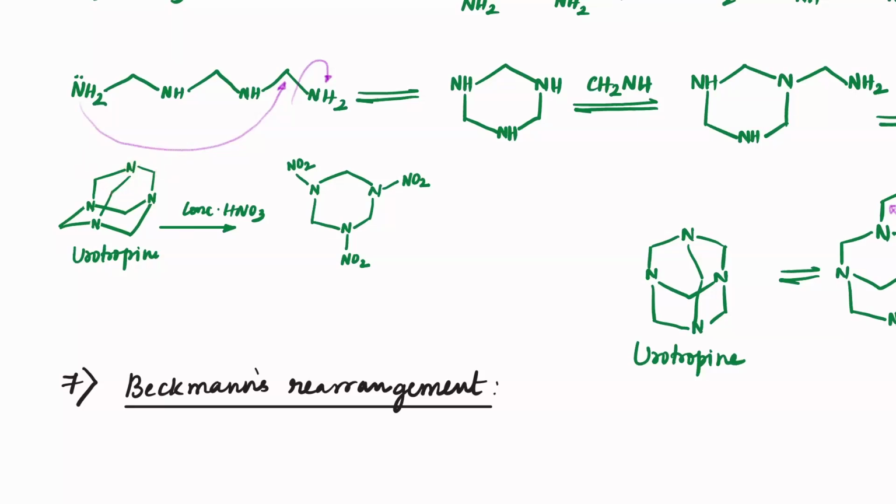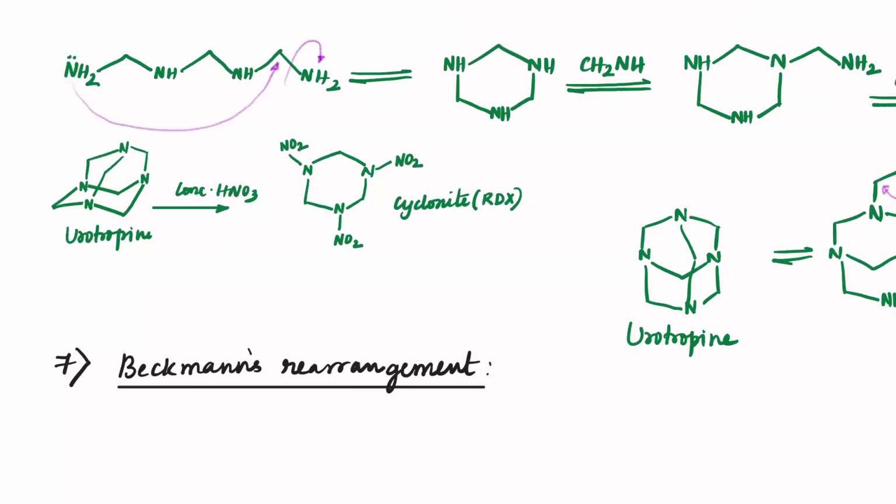This entire carbon with nitrogen and this carbon with nitrogen, all of them will be leaving out as carbon dioxide and NO2. Eventually, you will get this as the final product. This product is called cyclonite, which is the alternative name for RDX. So this is a preparation of RDX.